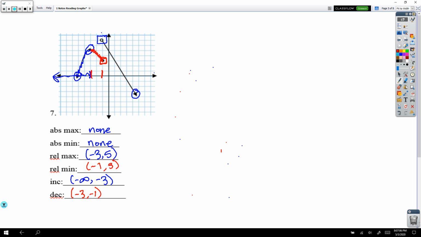And then I am decreasing here, but I've already taken care of that part. So I just need to pick up my graph from the negative 1 over to the positive infinity. Okay? So negative 1 to infinity would close that out. Because there's that break in the graph, you can't just say it's decreasing from negative 3 to infinity. Okay, you have to include that break when you're writing your interval for the decreasing part here.